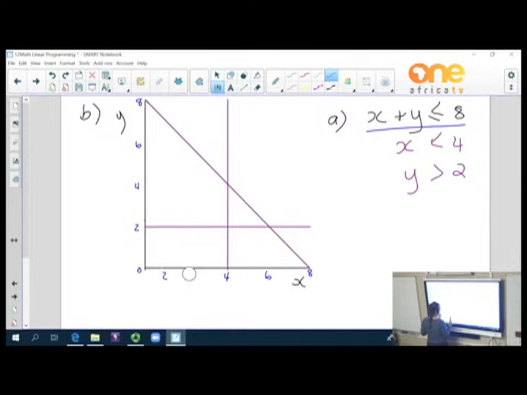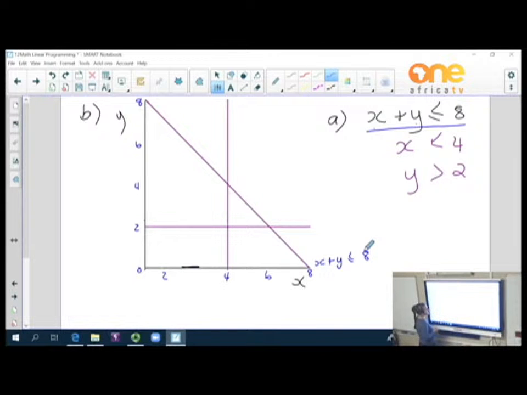So you cannot have more than 8 animals. So this line is x plus y is less than or equal to 8.